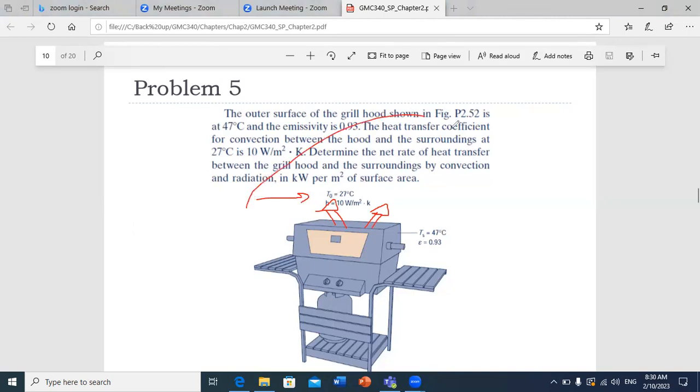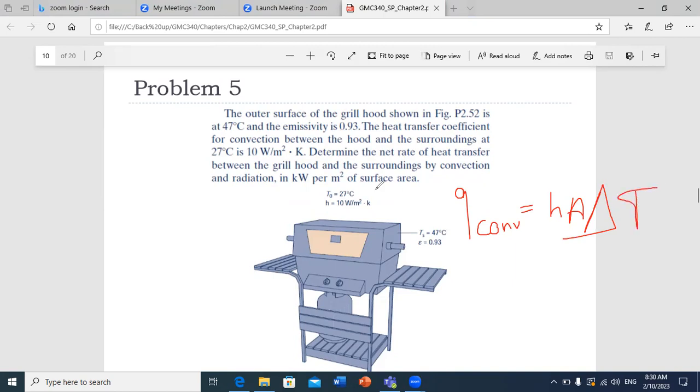And since you have surroundings at a certain temperature, you can have also heat flux by radiation. Okay, so first we know that Q convection is given by the following formula, is equal to HA delta T.